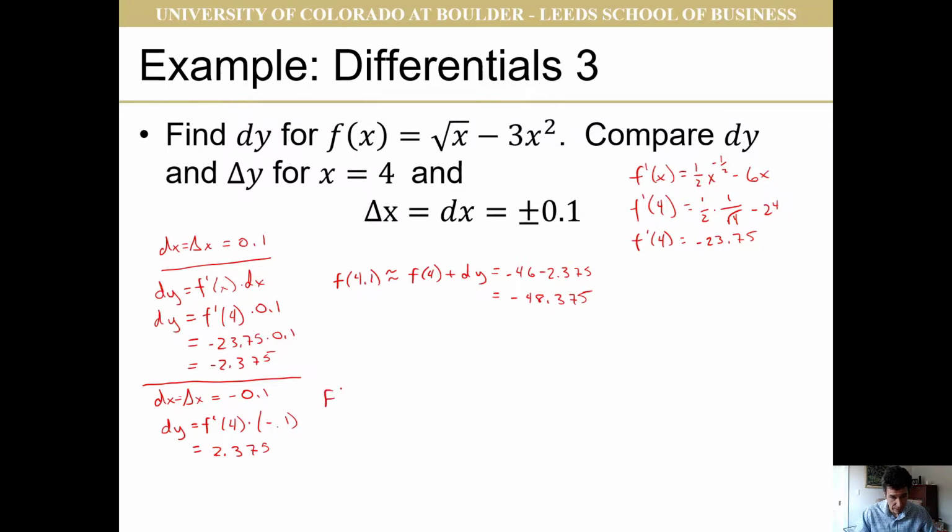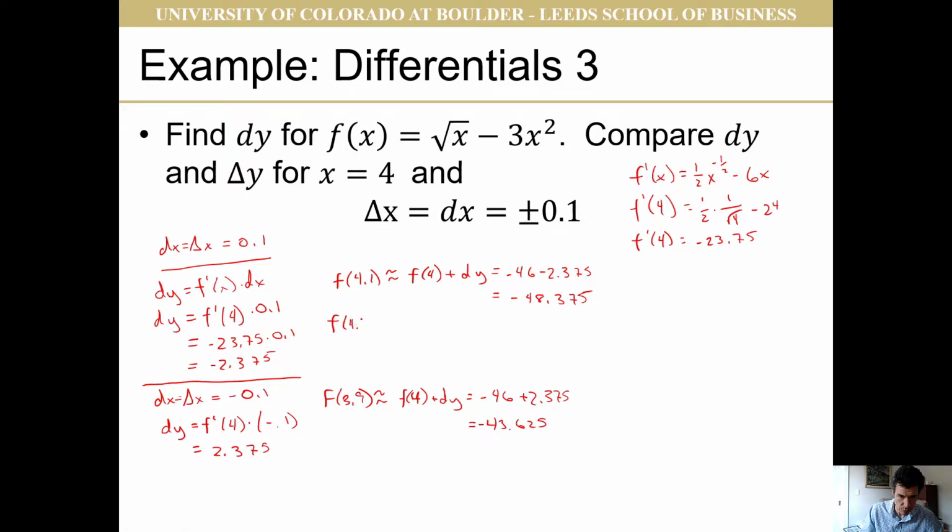And f of 3.9 is approximately equal to f of 4 plus dy, which is negative 46 plus 2.375, which is negative 43.625.